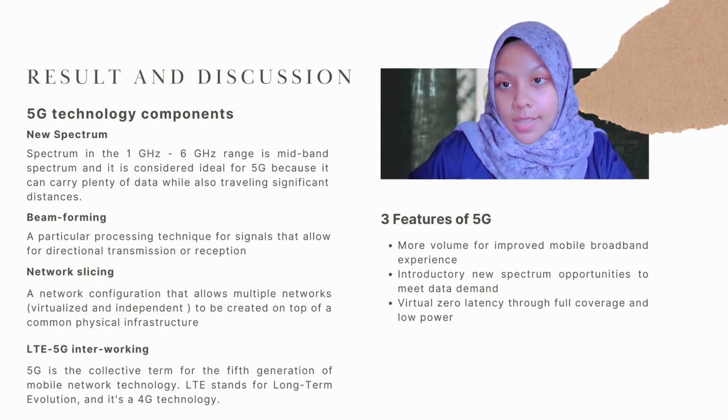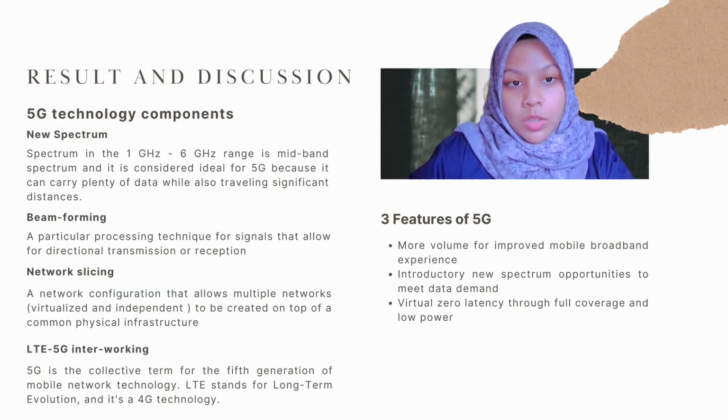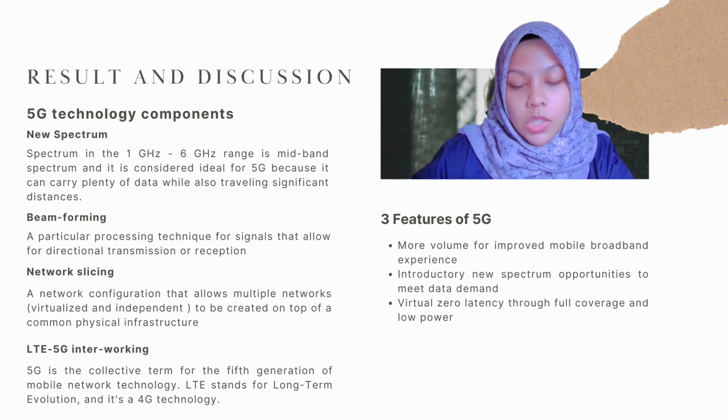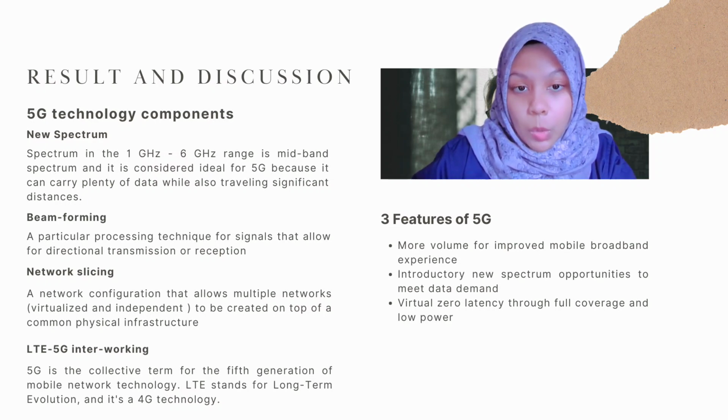For the result and discussion, we will know that 5G technology is divided into 4 components, which are new spectrum, beamforming, network slicing, and also LTE 5G interworking. New spectrum, in the 1 GHz to 6 GHz range, is mid-band spectrum, and it is considered ideal for 5G because it can carry plenty of data while also traveling significant distances.